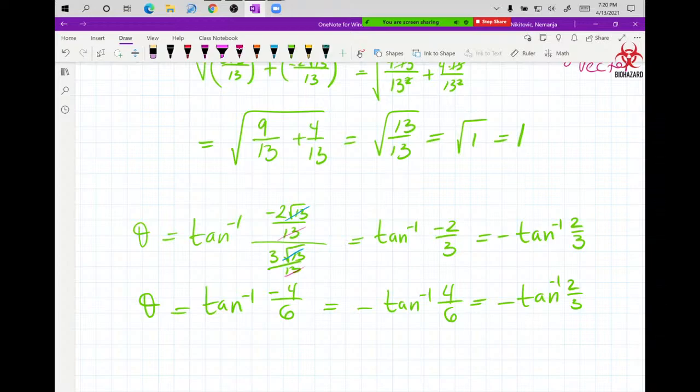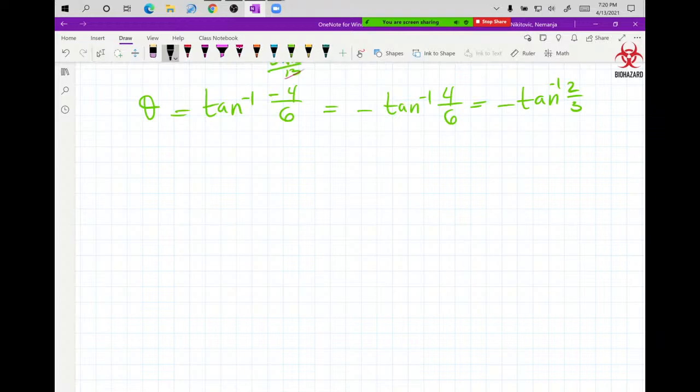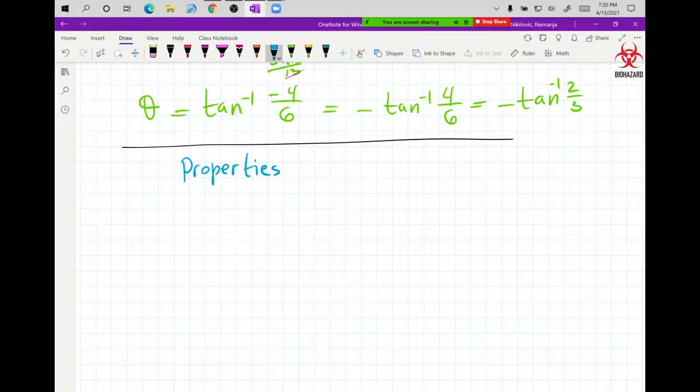We have some properties of vectors, and we can take a look a little bit more at some of the problems. So this is the last part of the theory. Properties of vectors.